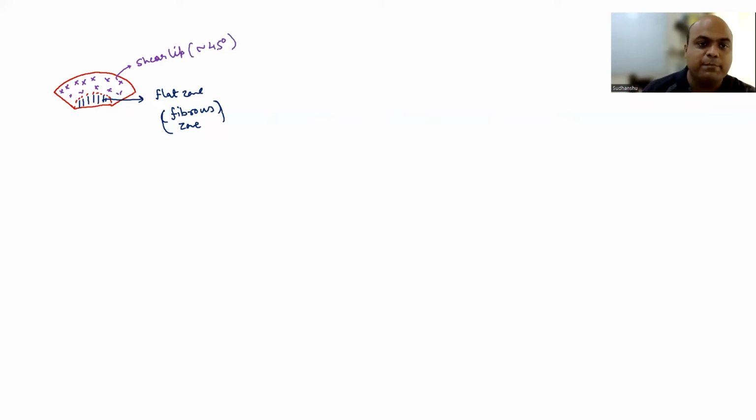Now, if you see the dimple characteristics, so in shear lip, you are going to have dimples which are elongated. Okay, and in the fibrous zone or flat zone, you are going to have dimples which are equiaxed.